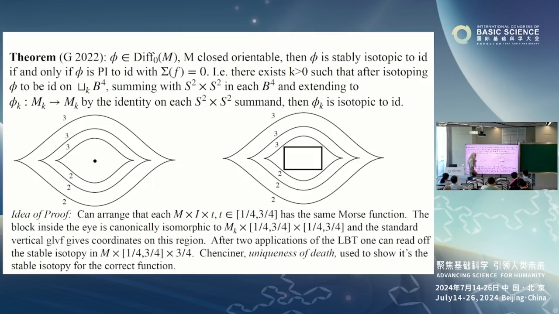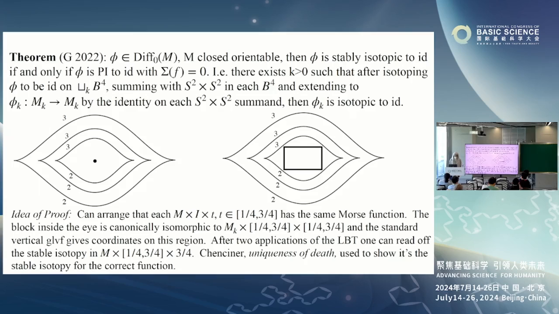There are some technical things, such as why this stable isotopy is the right thing, but anyway, you use the Jensen uniqueness of death and some other things. So that's using pseudo-isotopy theory to solve this problem, a necessary and sufficient condition for a diffeomorphism being stably isotopically trivial.